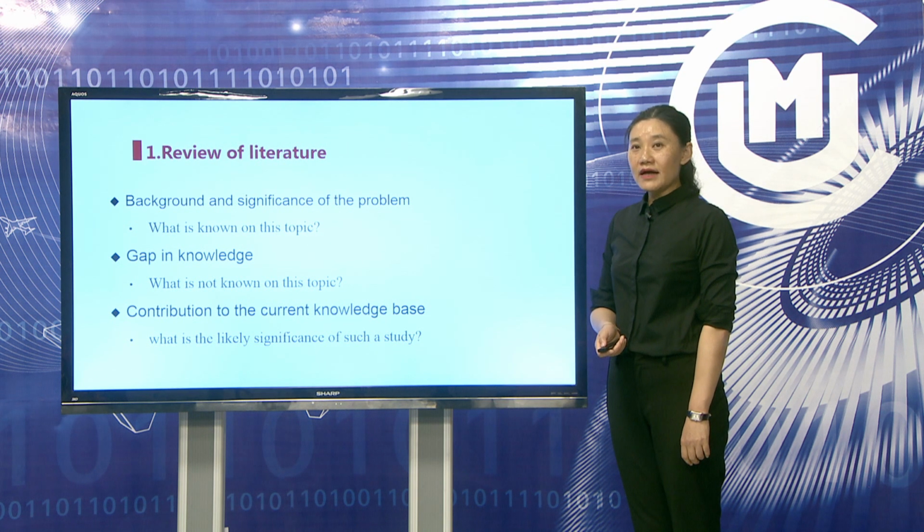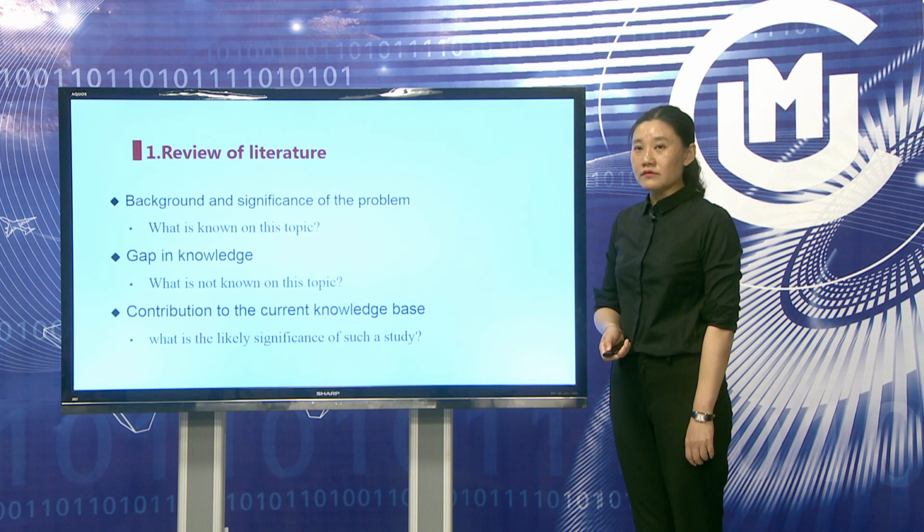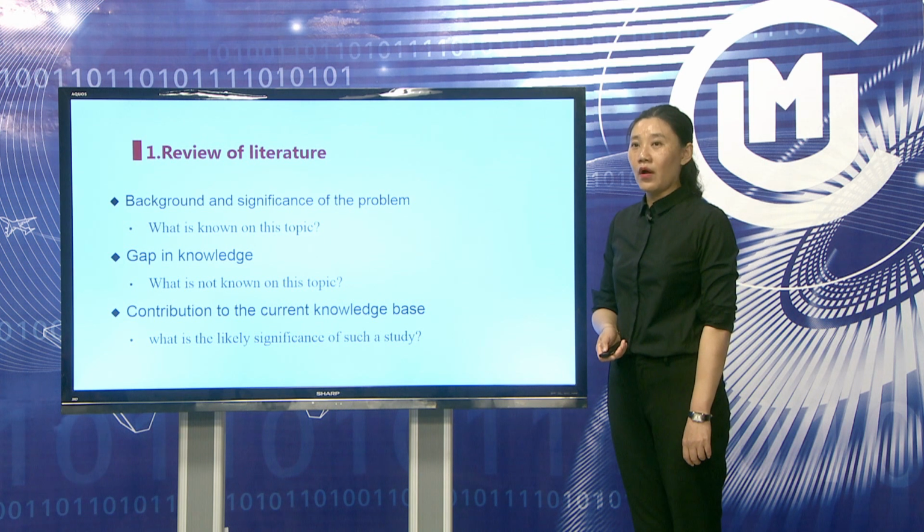In the introduction section, the review of literature documents the current knowledge of the problem investigated and discusses the background and the significance of the problem so as to inform the reader of the reason the study was conducted.